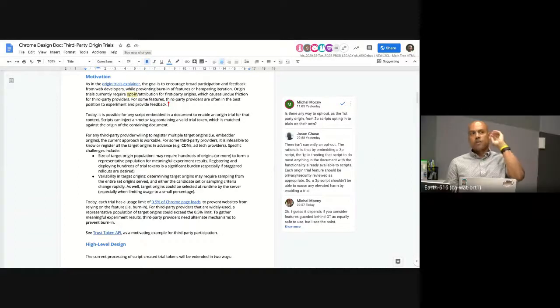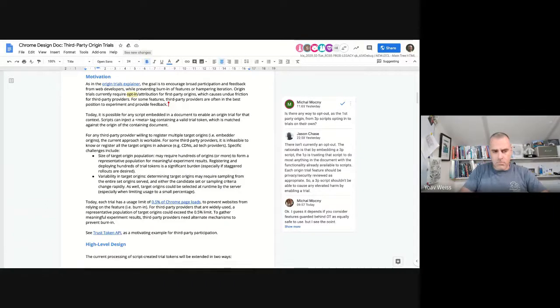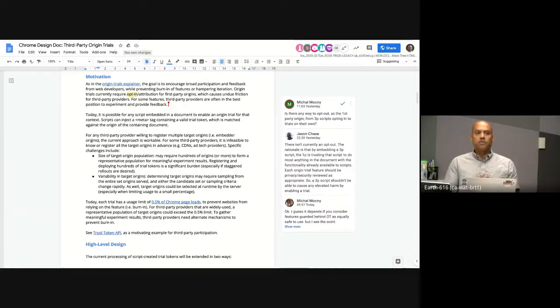The goal of this change is to reduce the friction there, so that third-party providers can experiment across a range of sites, and they can do that by just providing a token for their own origin, as opposed to having to manually sign up 1, 2, 3, 10, whatever origins, and manage all those tokens. So that's the idea at a high level.